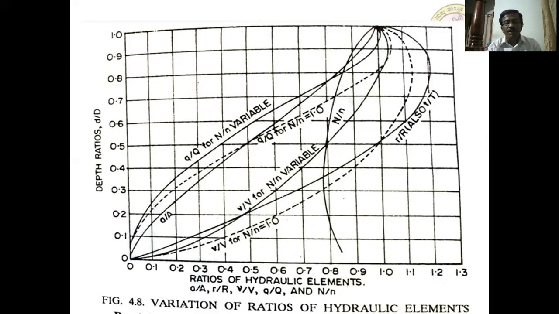If d by D is 0.8, then V by V is maximum, about 1.14.